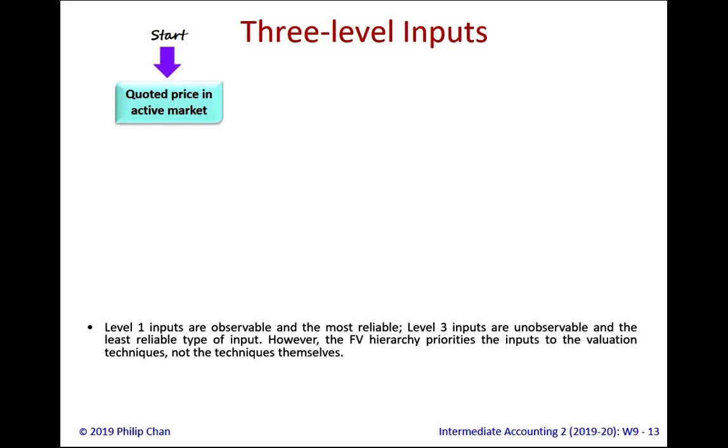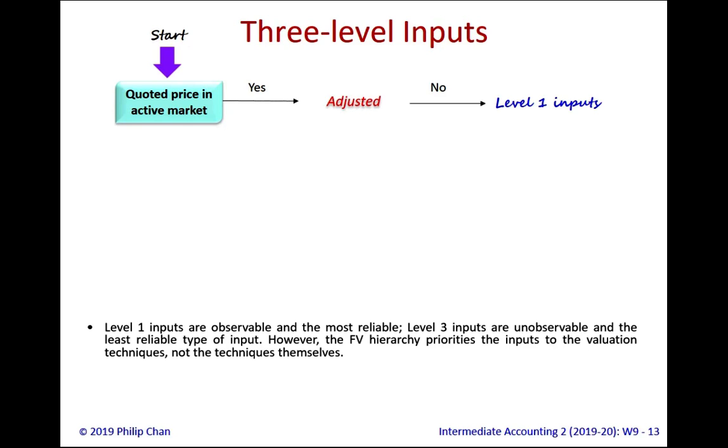Let's start with having a quoted price of the asset in an active market, provided that the quoted price does not require any adjustments. Then the quoted price will be considered a level 1 input, which is very easy.